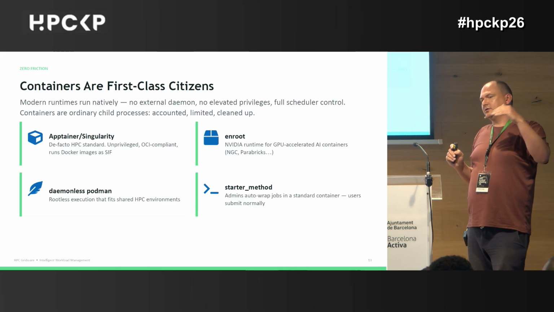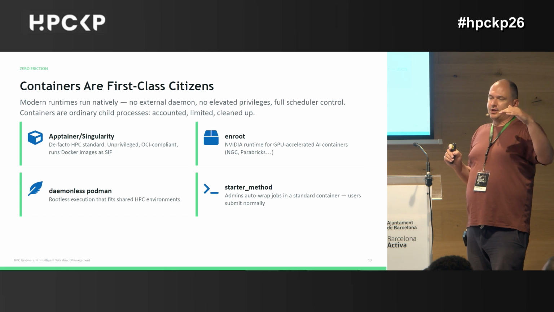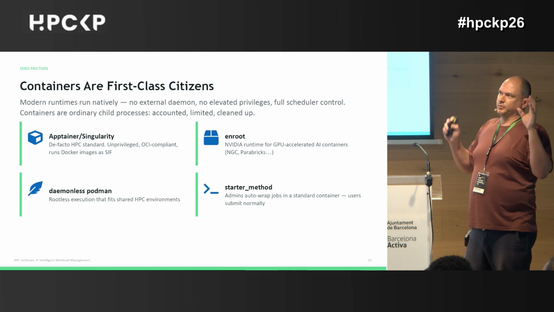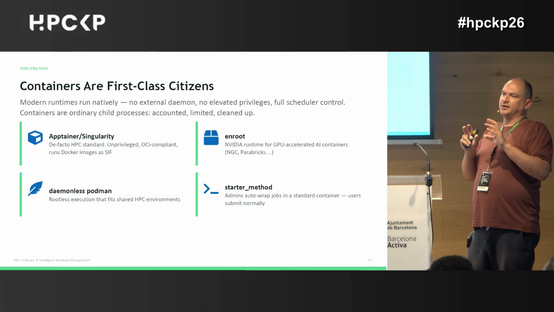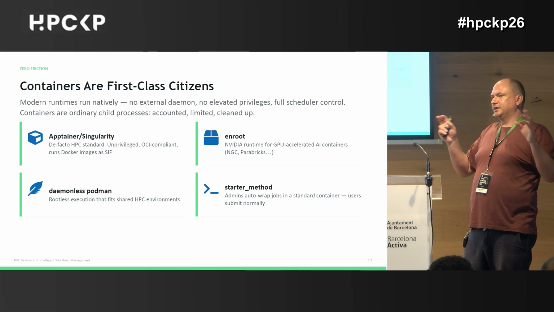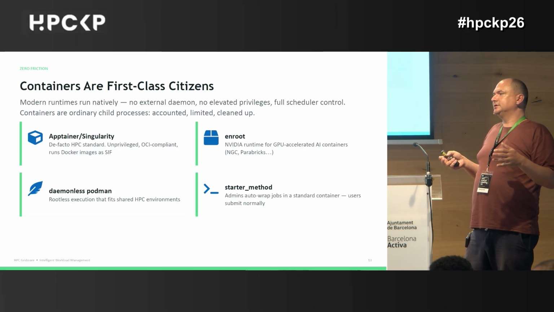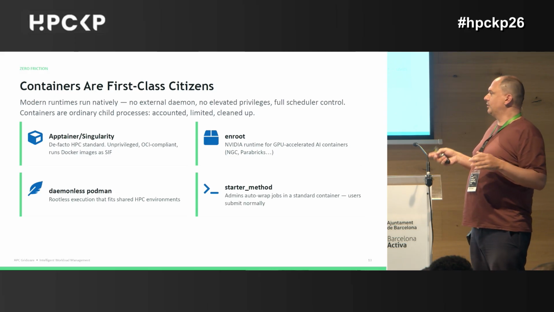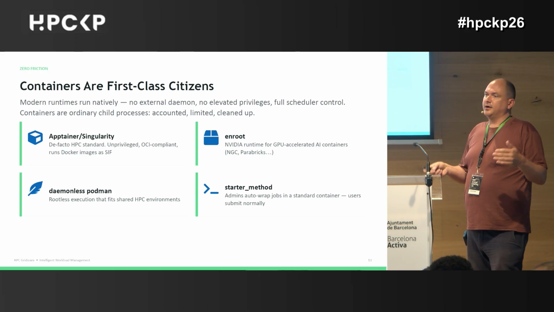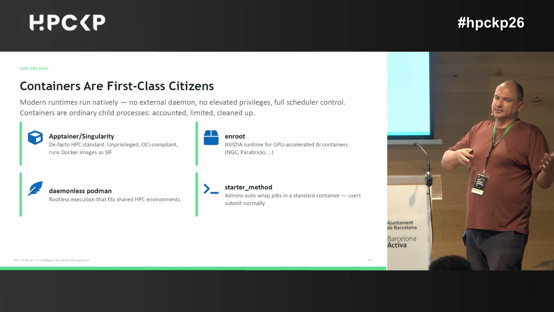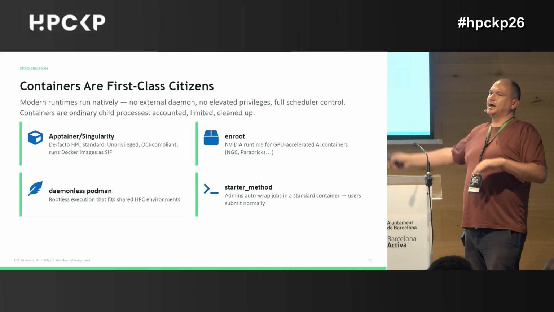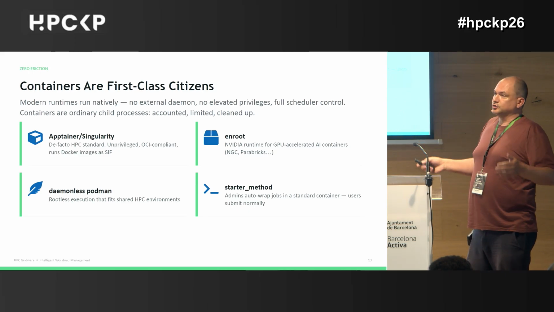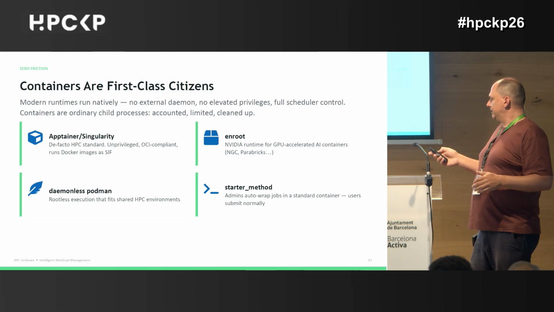The starter method is in between our shepherd, which is the part which starts the job, and the job itself. So you can hook in apptainer run and select your container image, and so on automatically there. And then you can configure it in a way that the user just submits their Python script, and then it ends up in a PyTorch container or similar.